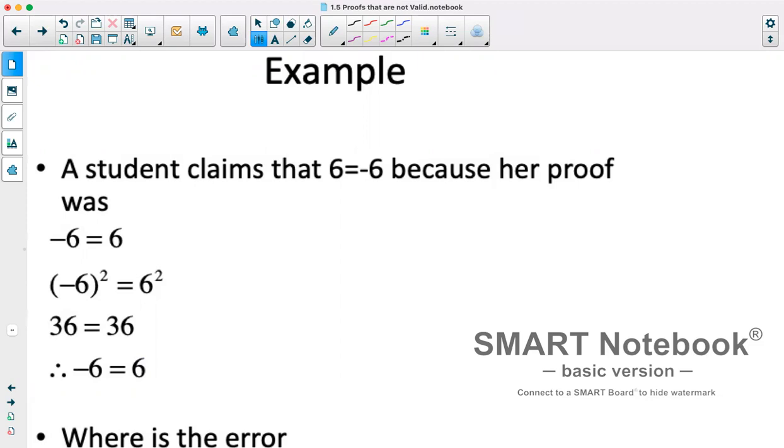Now, her error started in the very first line. We can never start a proof with what we're trying to prove. That's considered a false assumption.